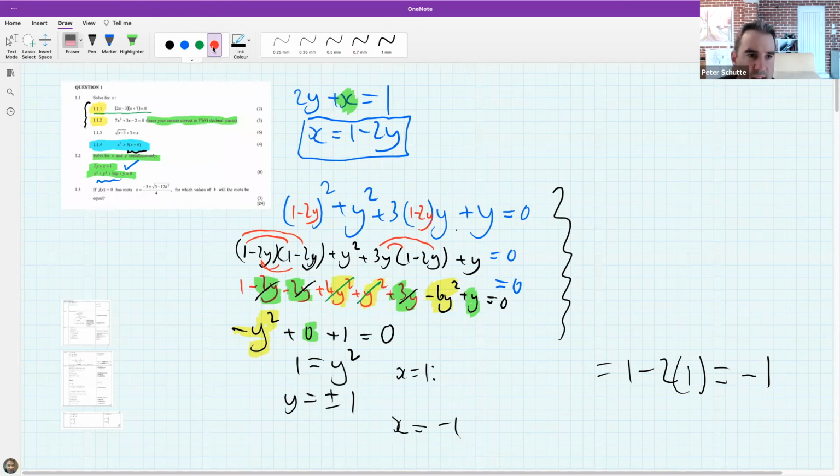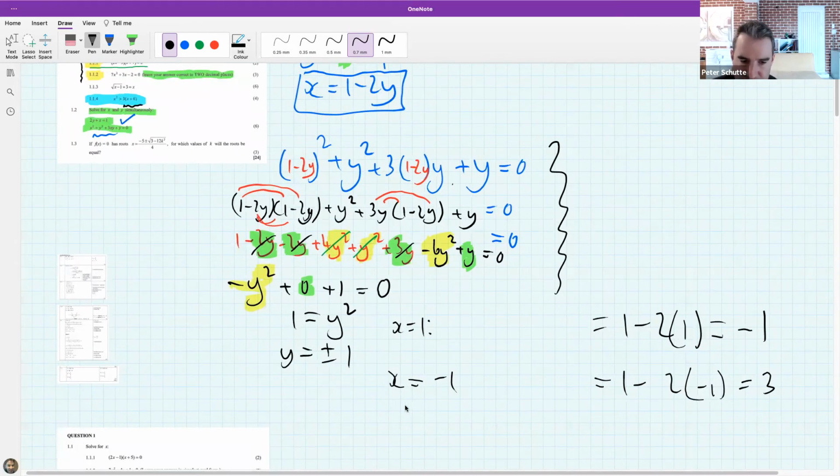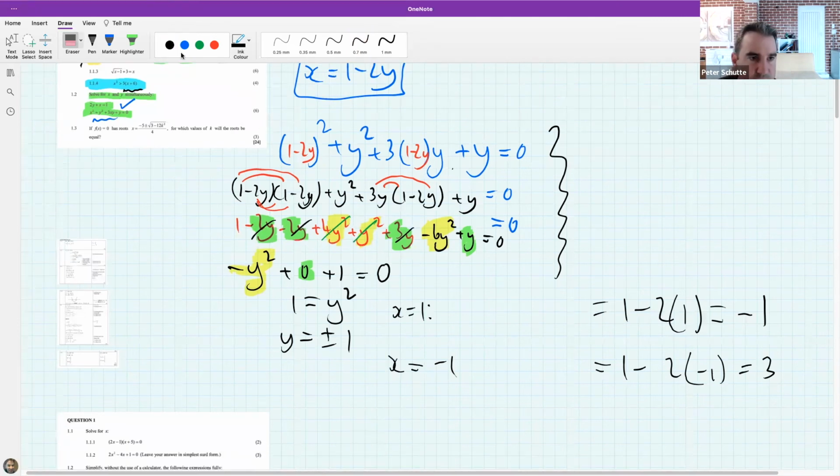Basically, when y is minus 1, we're going to get 1 minus 2 times minus 1, which is going to give us 3, because minus 2 times minus 1 is plus 2, so it's 3. So then my final answer is basically... it's easy to get in a bit of a muddle here.